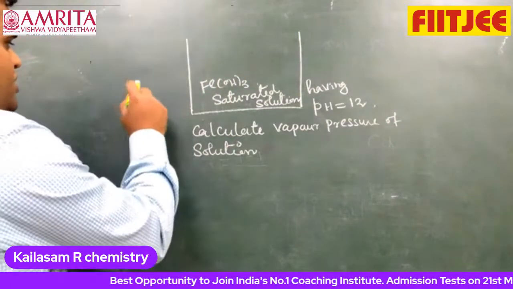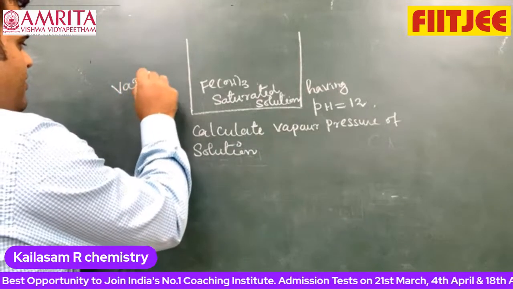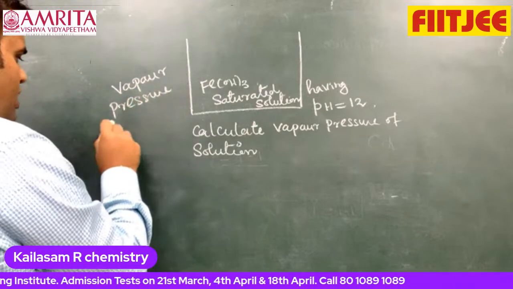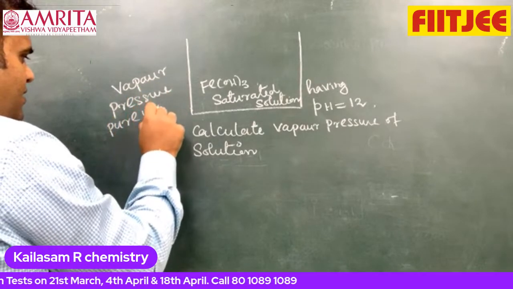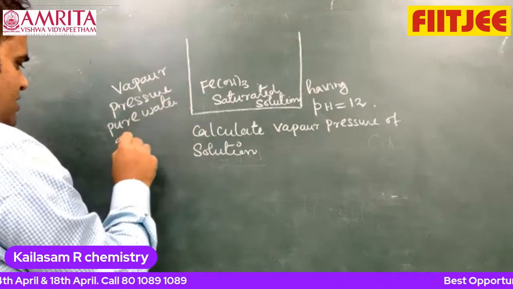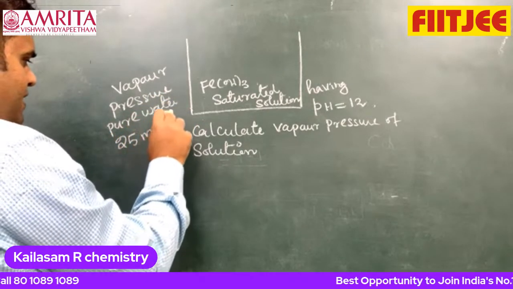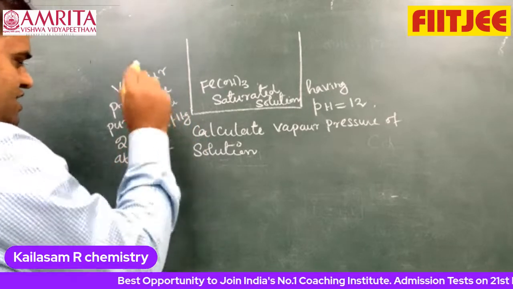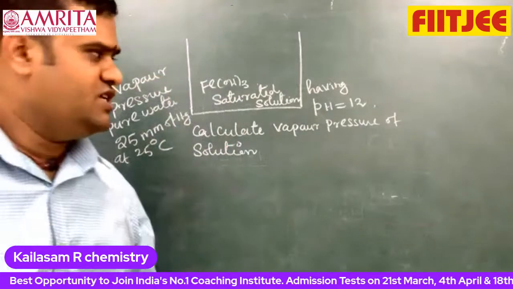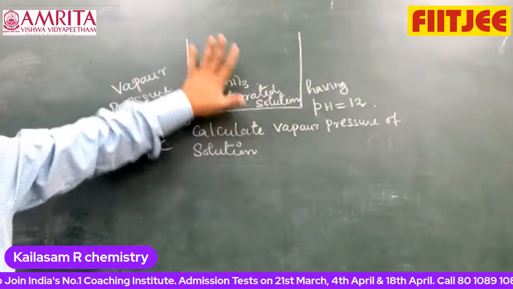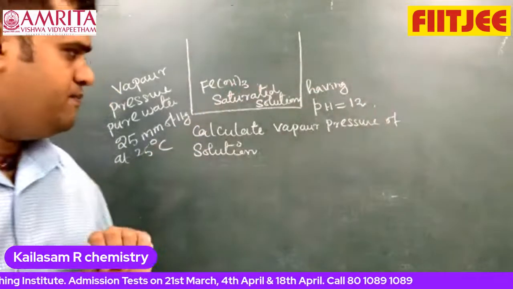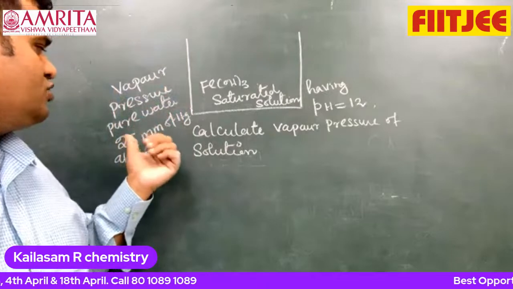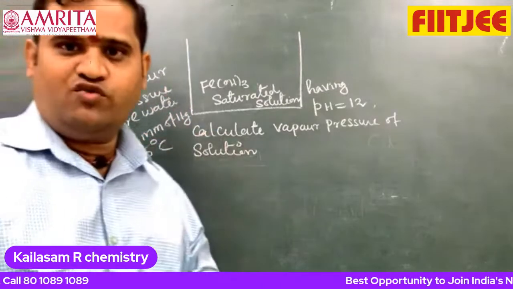We can say the vapor pressure of pure water, take it as 25 mm of mercury at 25 degrees. So this time I am taking one hypothetical question. Listen to me. They have given a saturated solution of ferric hydroxide having pH equal to 12, and we must calculate the vapor pressure of the solution, provided the vapor pressure of pure water is 25 mm of mercury at 25 degrees Celsius. How to find out?